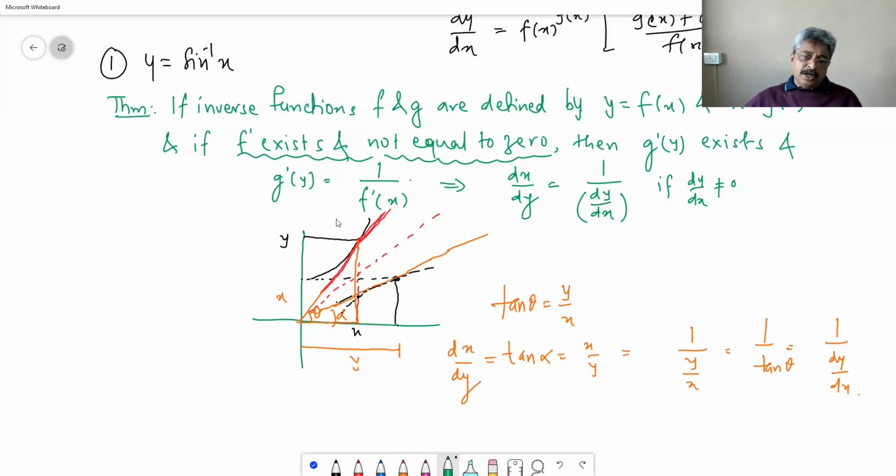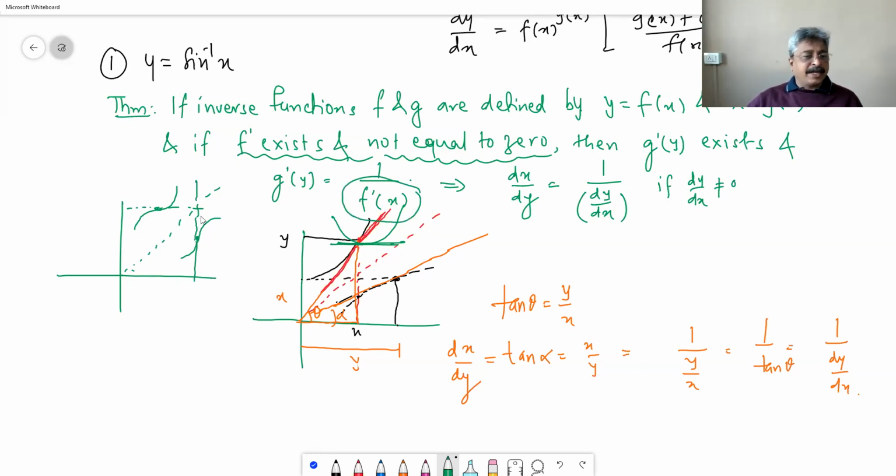Geometrically, if you have the original curve something like this, where you have a tangent which is horizontal, then if you reflect that in y is equal to x, the inverse function is going to be something like this reflection, and at the corresponding point, if you try to draw the tangent, then it is going to be vertical.